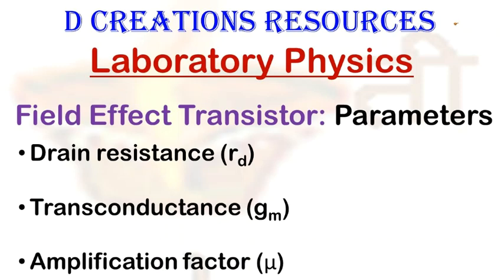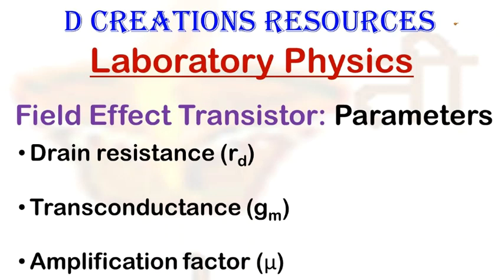Now let's go to the next parameter, namely transconductance. It is usually denoted by GM, and it is the ratio of change in drain current to the corresponding change in gate source voltage at a constant drain source voltage. Now we know that conductance basically is reciprocal of resistance.